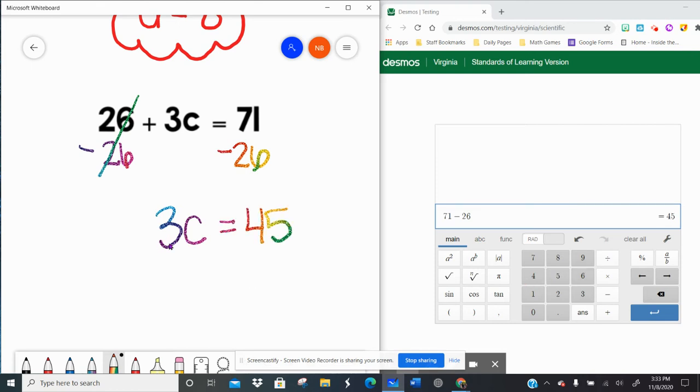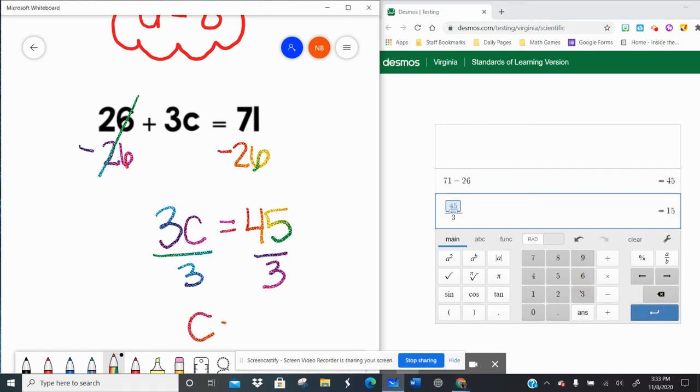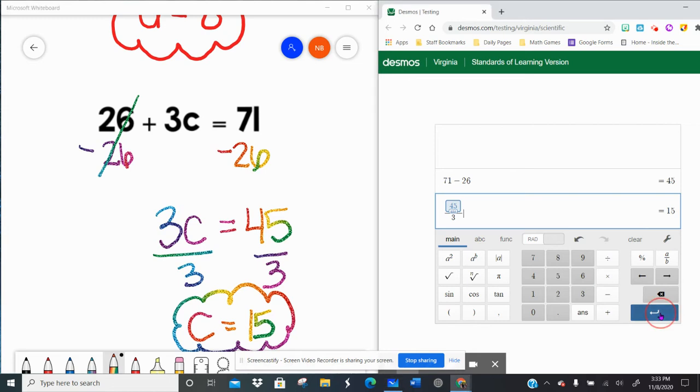Again, coefficient and variable, now I'm left to my multiply-divide stage. This is being multiplied, so I'm going to divide each side by 3. 45 divided by 3 is 15. Again, because I'm just the most amazing math student, I'm going to use variable substitution to check my work.